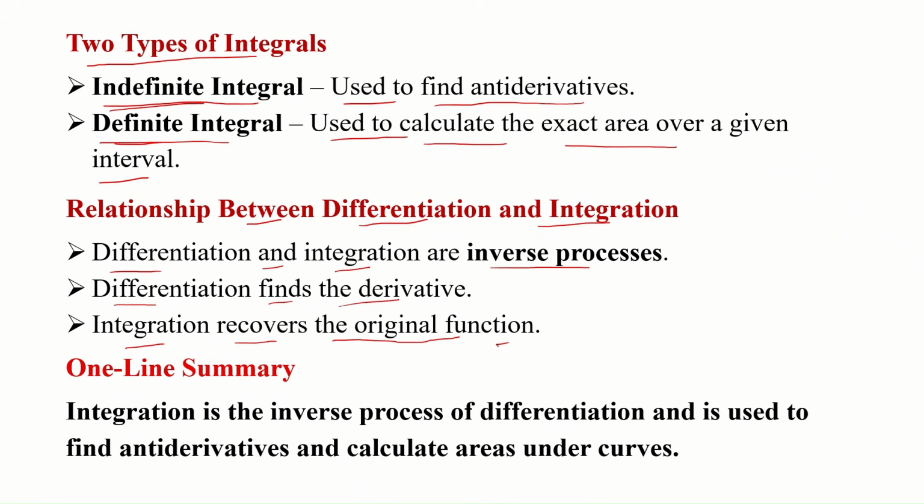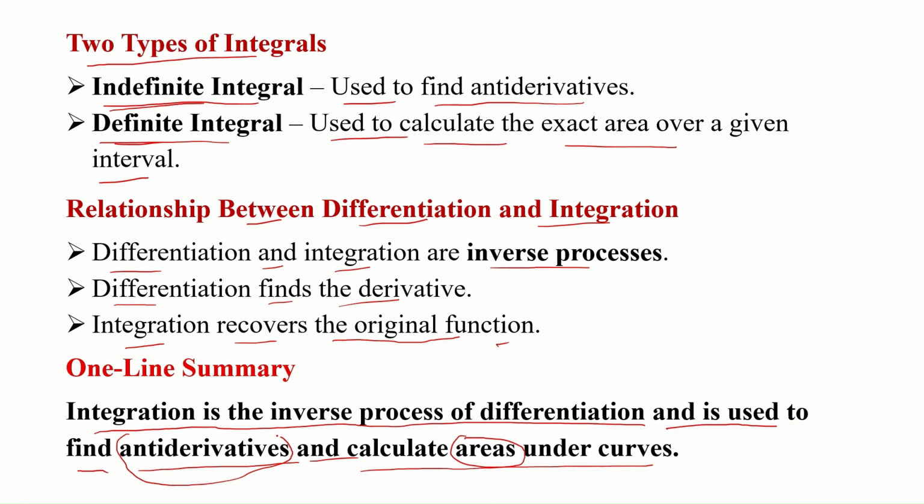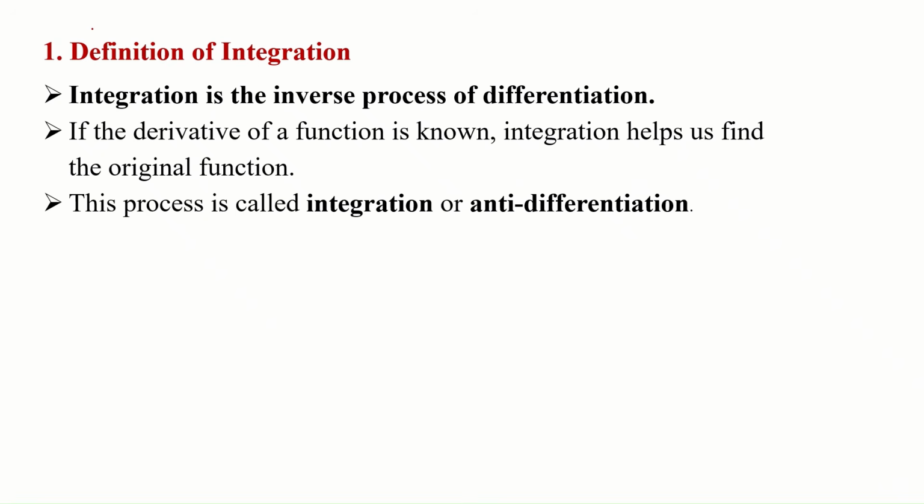Next, the final conclusion from this is that integration is the inverse process of differentiation and is used to find antiderivatives and calculate areas under curves. Area under the curve is a definite integral. Finding the antiderivative is called indefinite integrals.